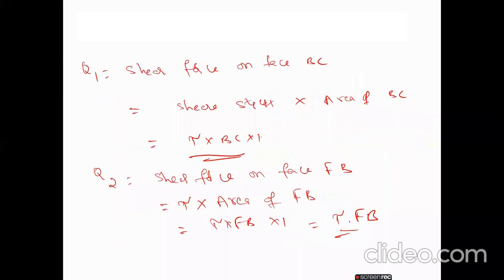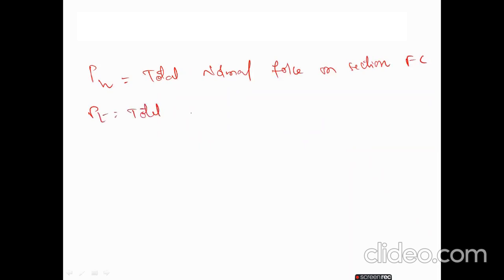Now, once you have Q1 and also Q2, the next step: Pn equal to total normal force on section FC, Pt equal to total tangential force on section FC.